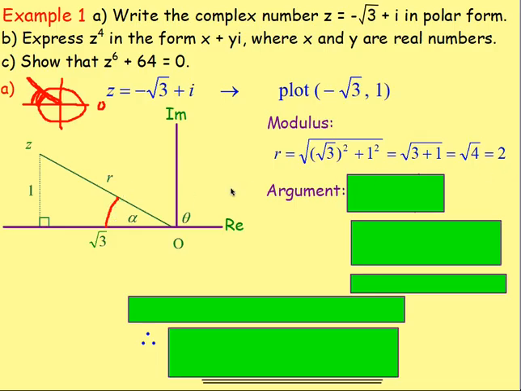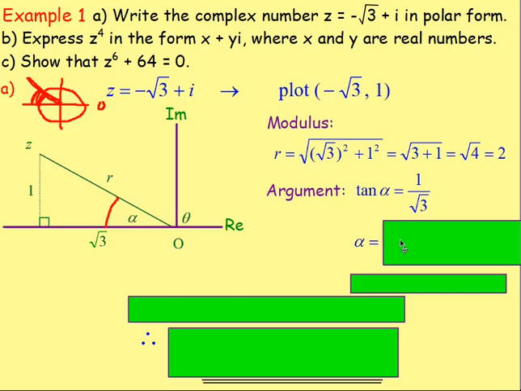So we can say tan alpha is going to equal, because we've got this right angled triangle, tan is opposite over adjacent. So that will give us 1 over root 3. To work out alpha, you're going to have tan to the minus 1 of 1 over root 3, which works out to be 30 degrees. Meaning this acute angle here is 30 degrees.